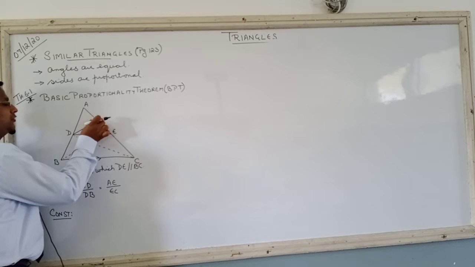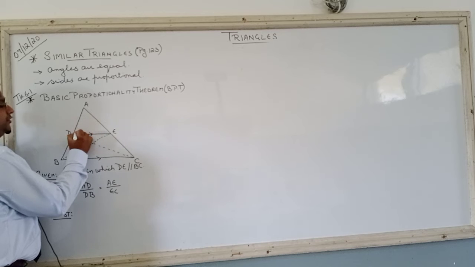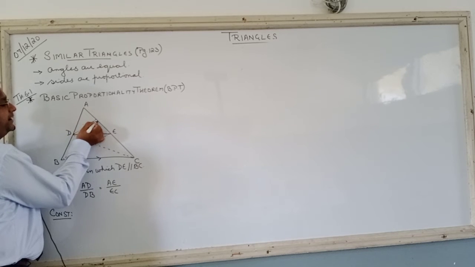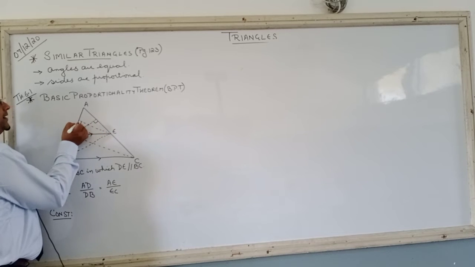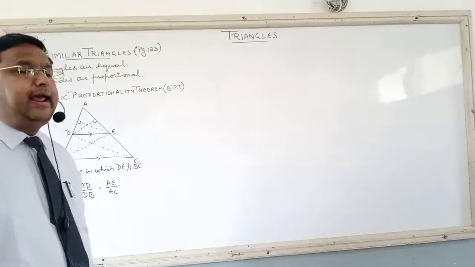I'll draw it with a dotted line so that you can see that it is the construction done. All the construction should be dotted line. This is perpendicular on AC, and from E, a perpendicular on AB. I'll name them DM and EN as given in your textbook. DM is perpendicular and EN is perpendicular.